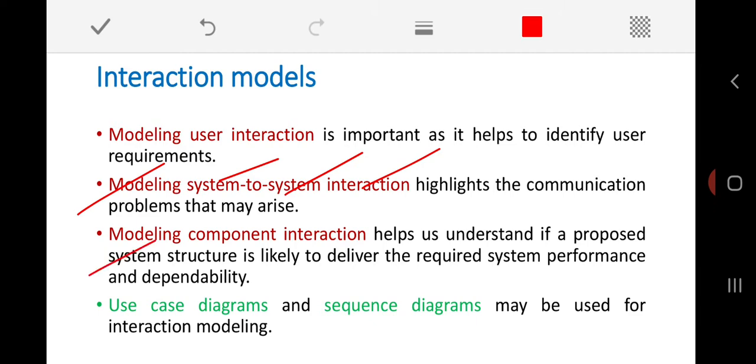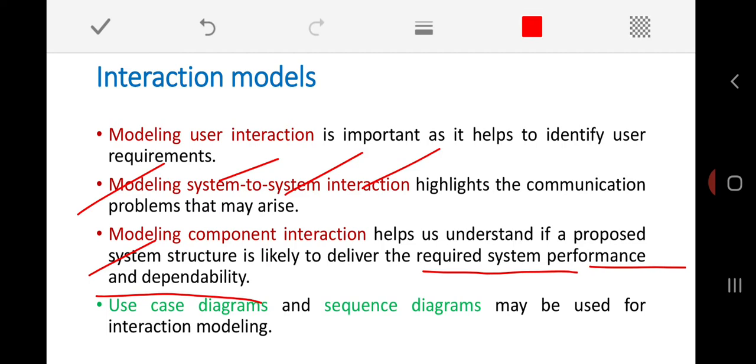Then modeling the component interactions means the interaction which is taking place between component to component. It will always help us to understand if a proposed system structure is likely to deliver the required system performance as well as the dependability factors. System performance and dependability are non-functional requirements which talk about the behavior of the system.